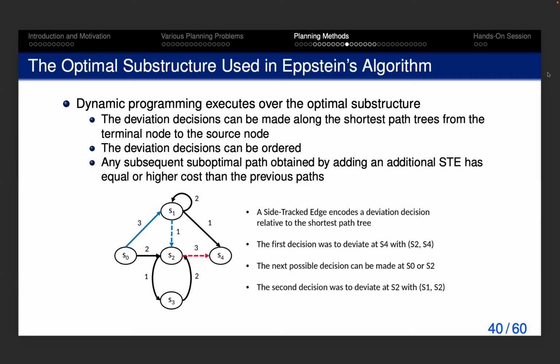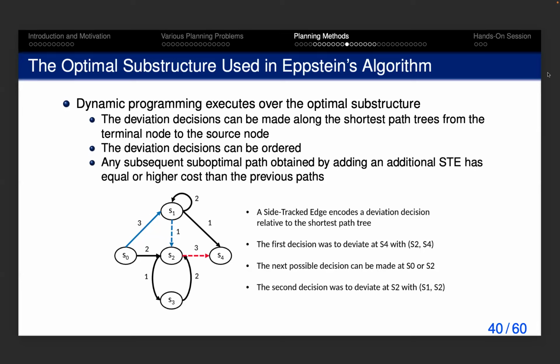And there are two types of decisions. You can have deviation decisions, selecting the sidetrack edges, made along the shortest path tree from the terminal to the source, as we saw in the example. Those deviation decisions can be ordered, and any subsequent suboptimal path obtained by adding additional sidetrack edges to the previous one is going to be worse, having equal or higher cost.